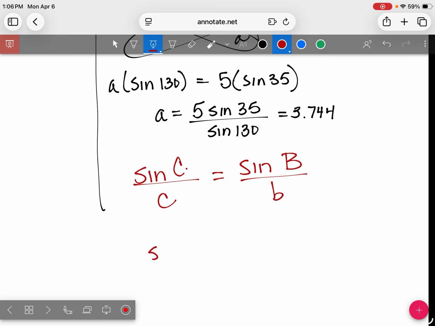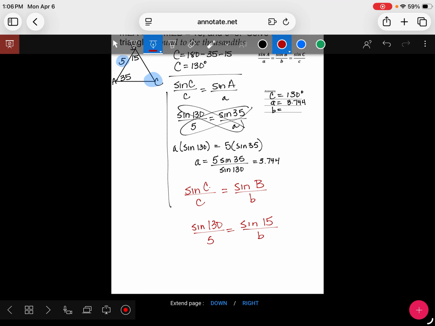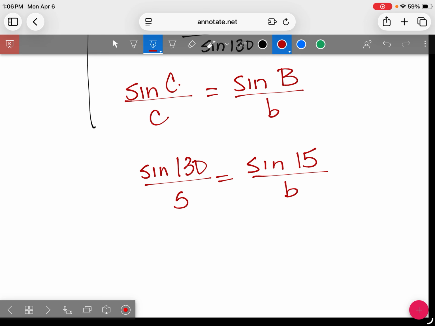So sine of 130 over 5 equals the sine of 15 over baby b. Okay, go ahead and cross multiply and solve that for baby b.